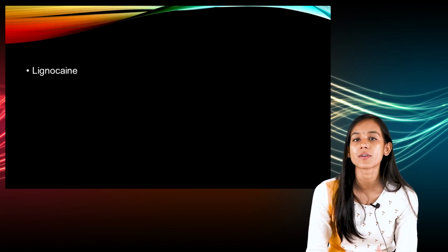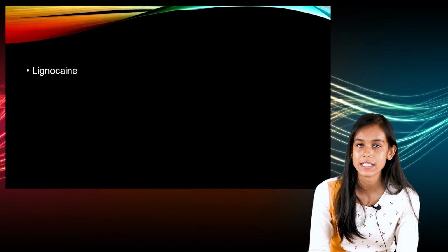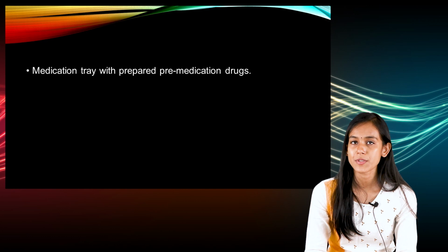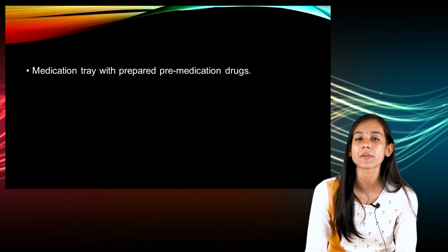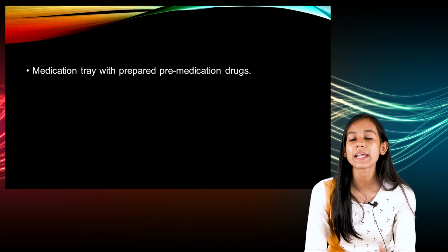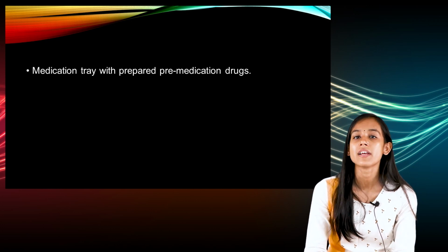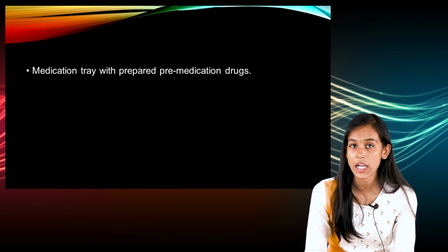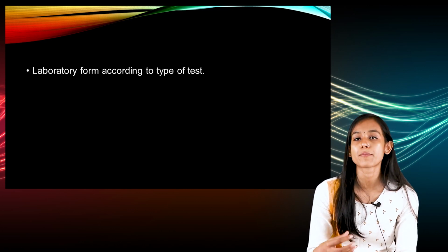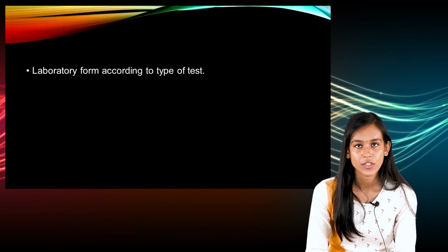Based on that, you have to make sure that the anesthetic agent is also present. And then you should have the medication tray with the pre-medications that are ordered. So if there is any pre-medication which is prescribed that should be given to the child before the procedure, that also should be there. And then you are going to have the laboratory form according to the type of test that you're going to do.